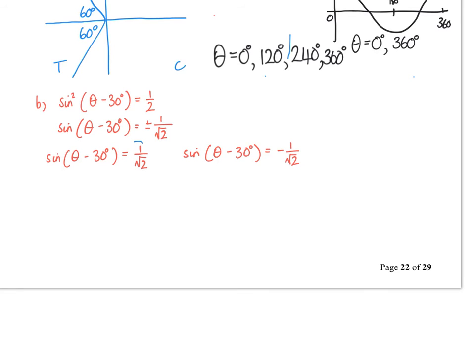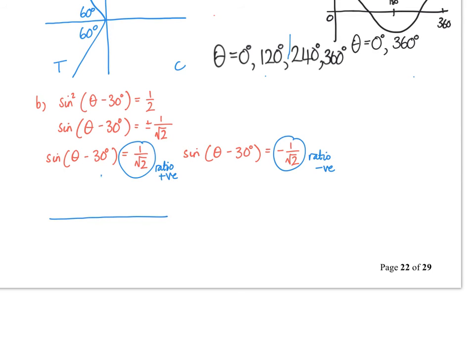If we look at the first one here, the ratio is positive. And if the ratio is positive, it's in the first and the second quadrant. If we look at the ratio here, the ratio is negative. So that tells me it must be in the third and fourth quadrant.